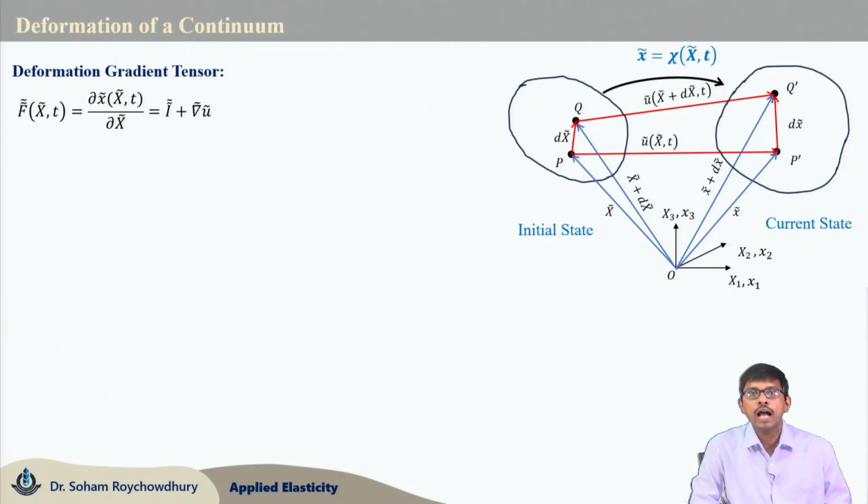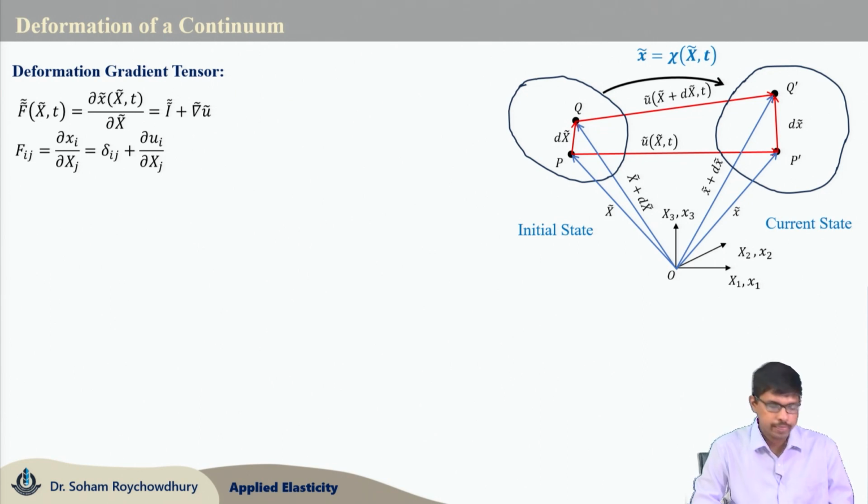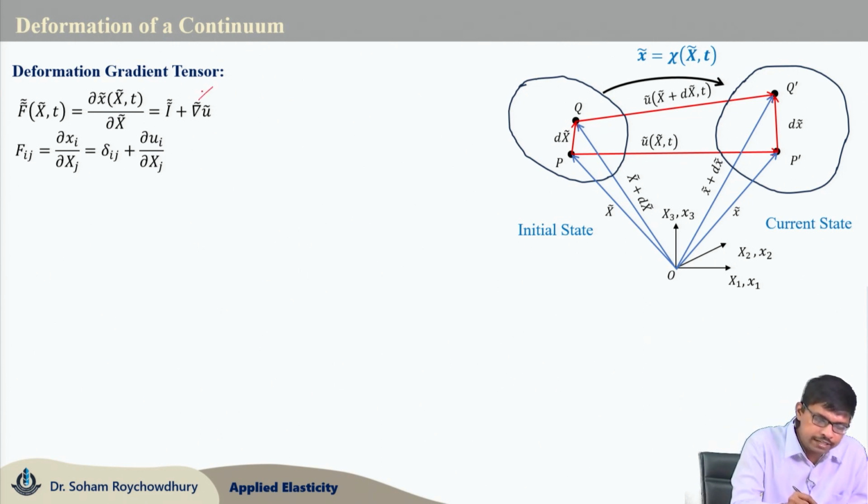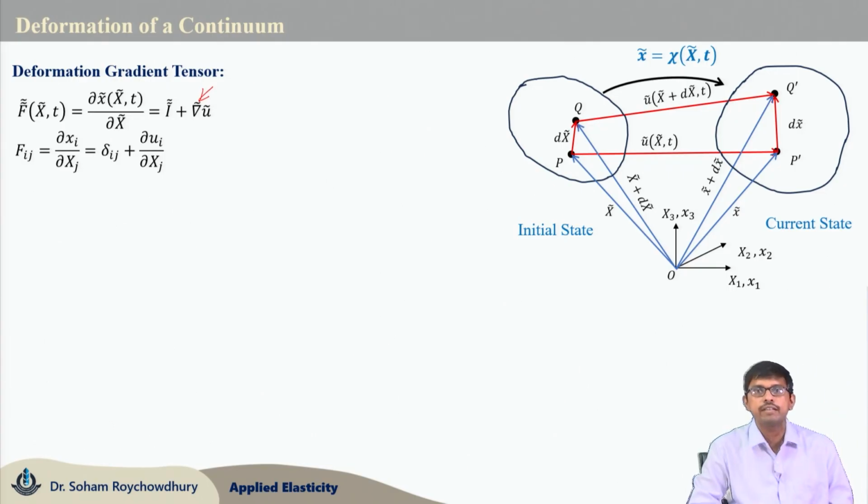F equals I plus grad u. So, we can write Fij as the component of I, which is the Kronecker delta delta ij, plus del ui by del Xj. As I had already told, this gradient operator refers to the partial derivative with respect to capital X. So, Fij, the components of the deformation gradient tensor, equals the Kronecker delta delta ij plus del ui by del Xj.